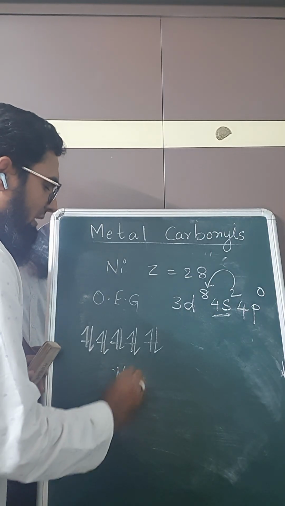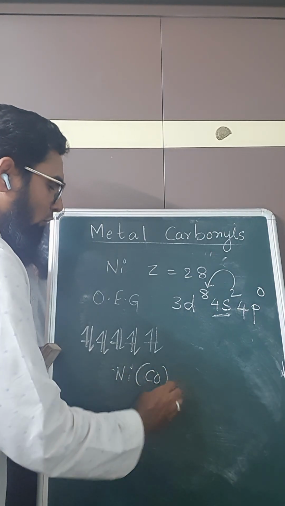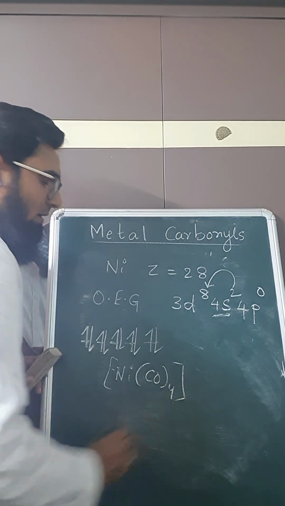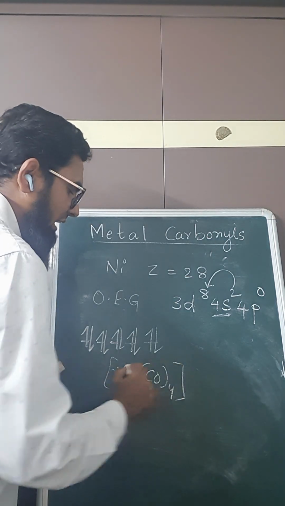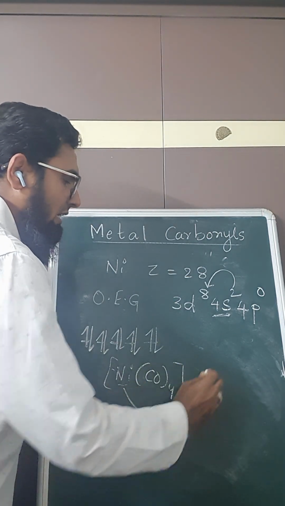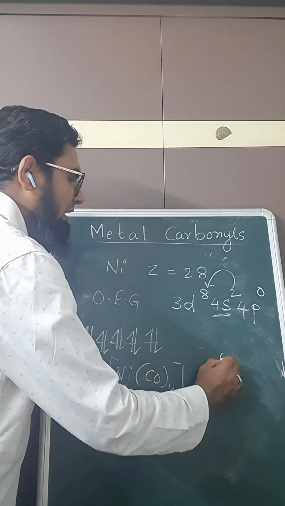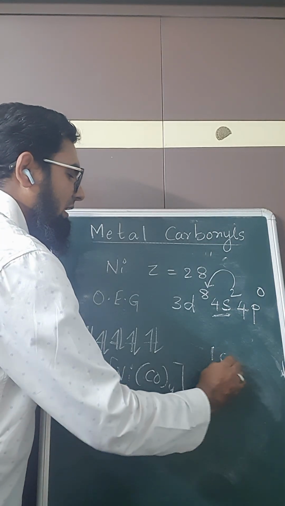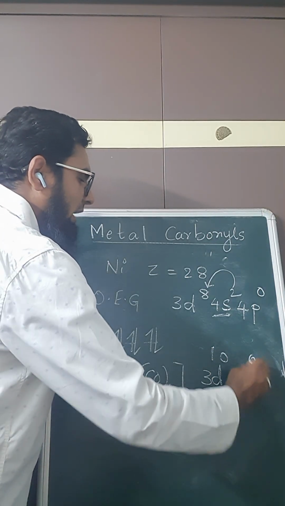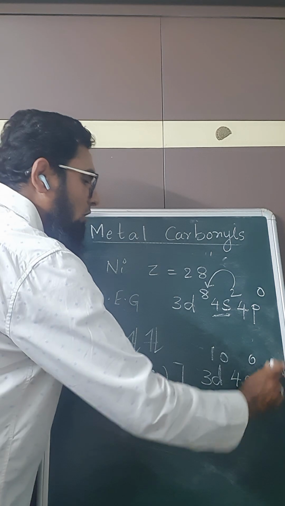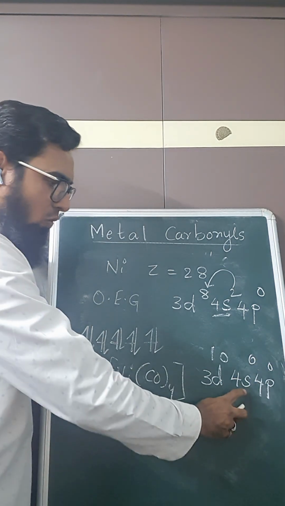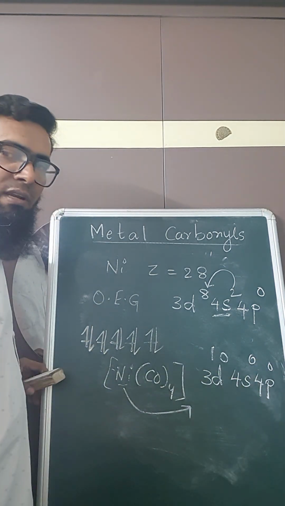In Ni(CO)4, when 4 COs come close to nickel, nickel has the configuration 3d10, 4s0 and 4p0. Now one s orbital and 3 p orbitals are empty.